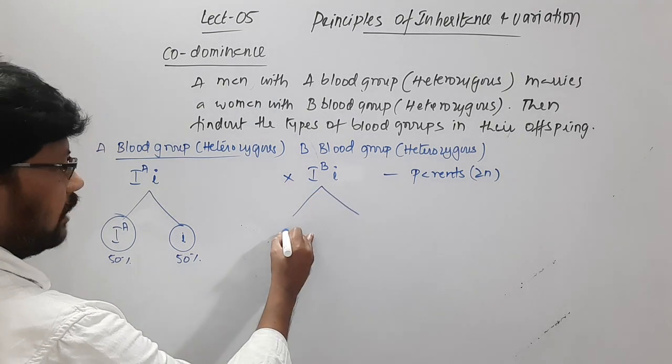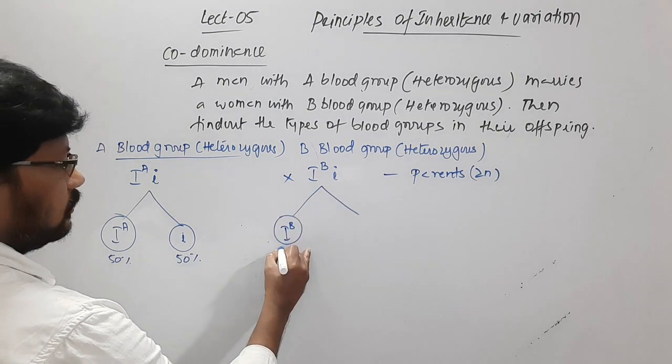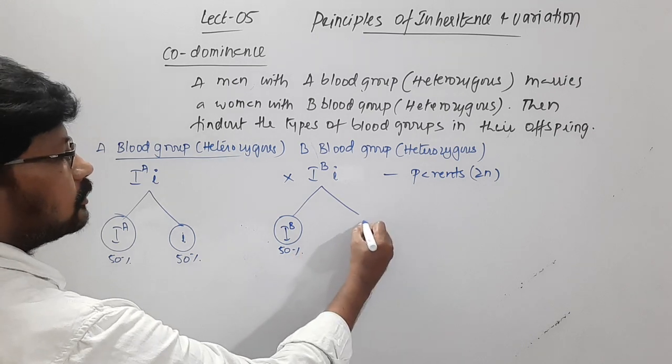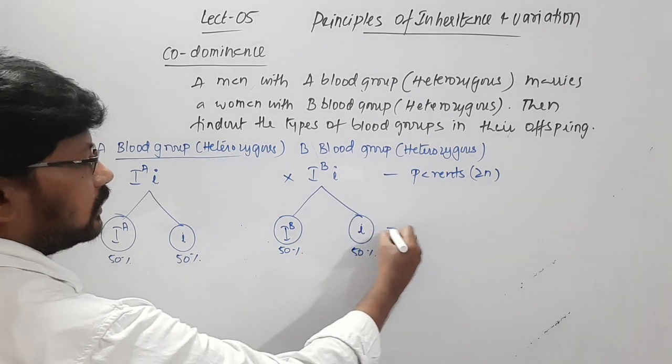In this case also the same: IB in 50% of the gametes, and small i in 50% of the gametes.